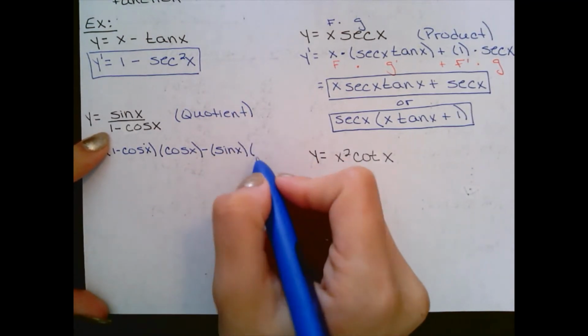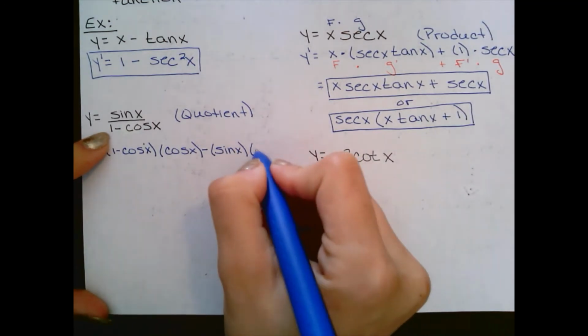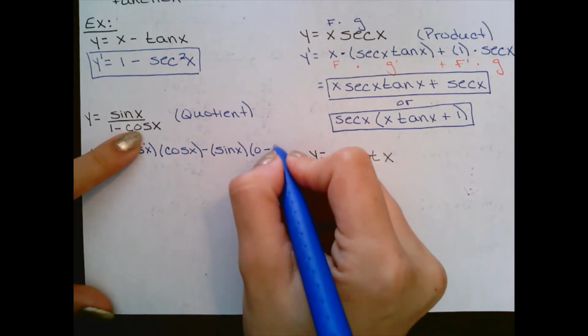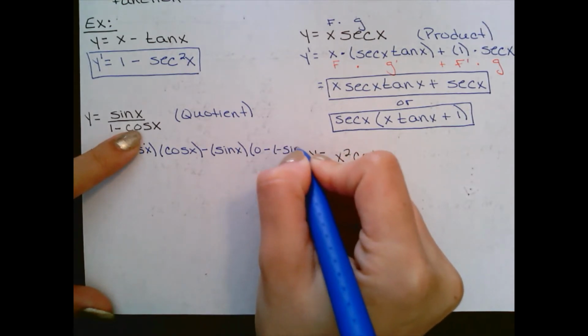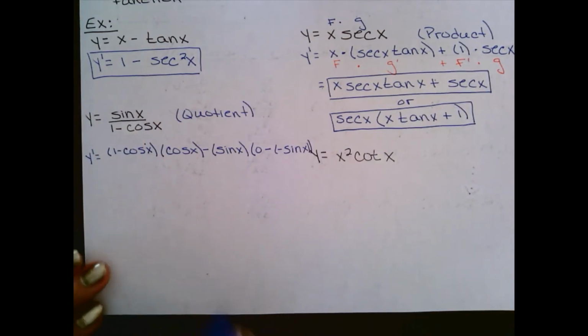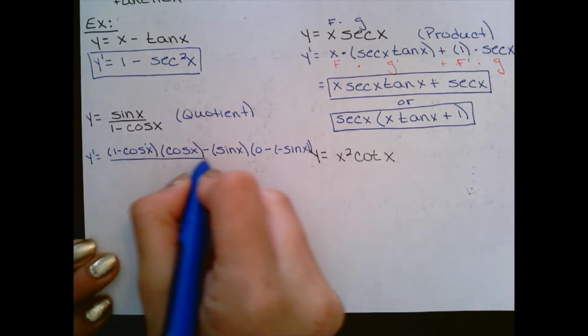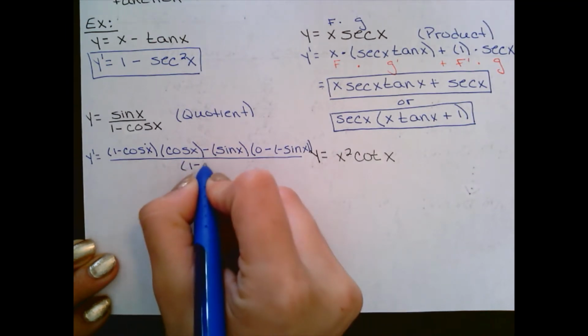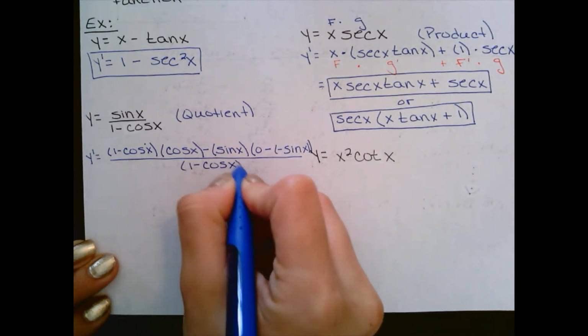So derivative of 1 is 0, that's going to disappear, minus derivative of cosine is a negative sine. Whoops, I'm running into the other question there. Okay, all over low squared.